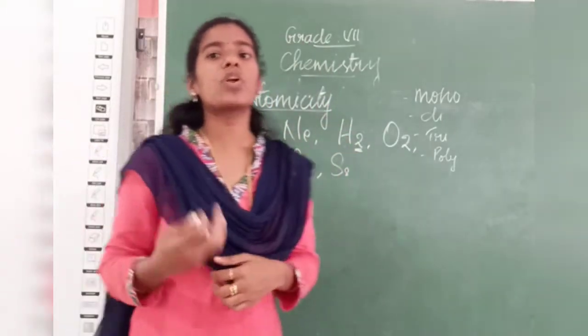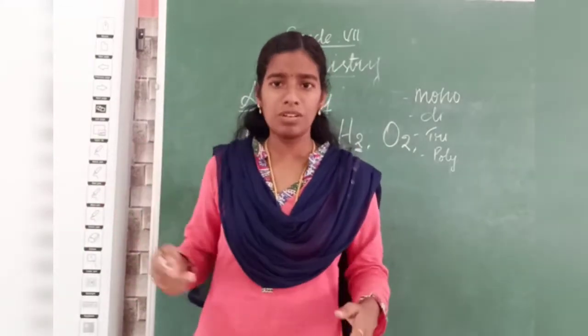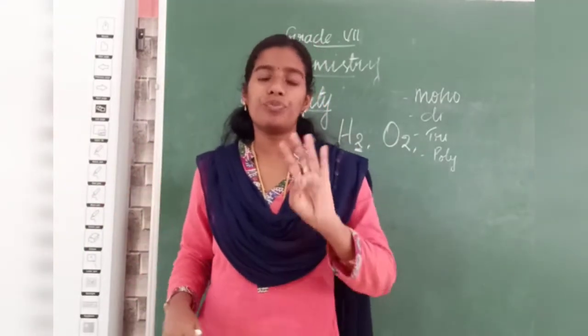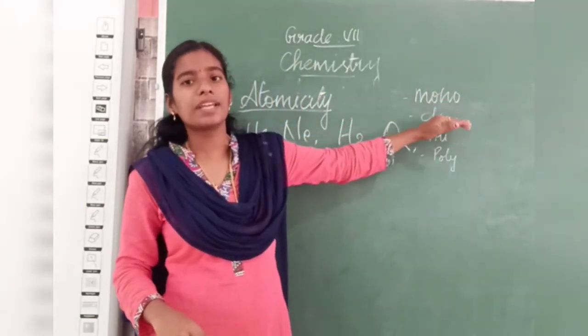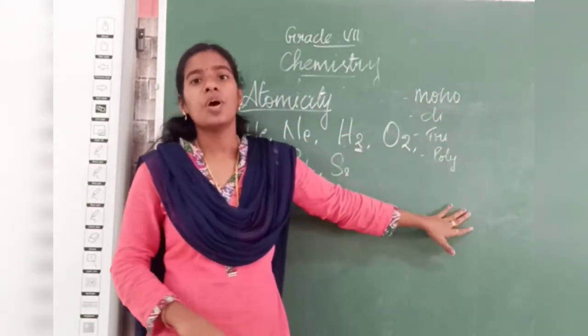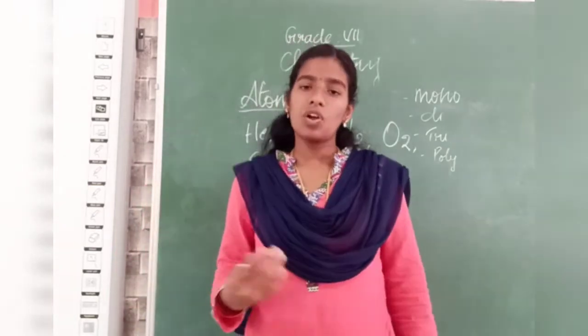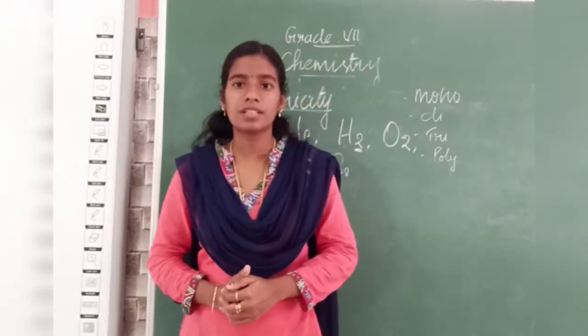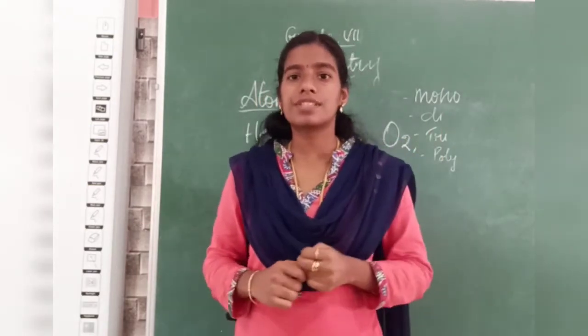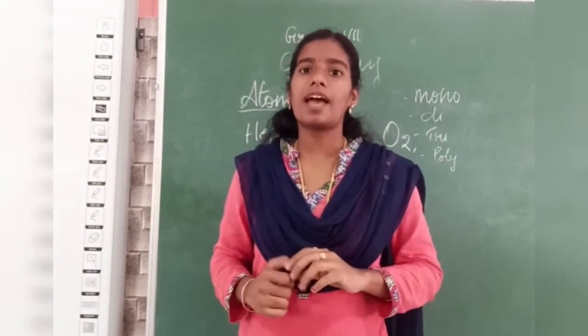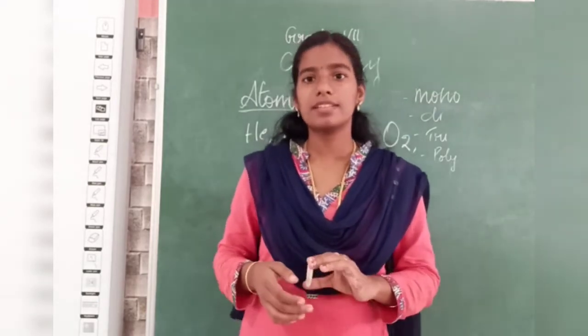Depending upon the number of atoms present in the molecule, we can divide it into 4 types. They are monatomic, diatomic, triatomic and polyatomic. We all know what is mono. 1. Di, 2. Tri, 3. And what is meant by poly?